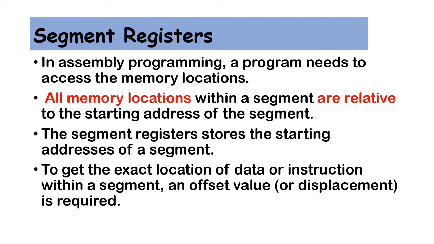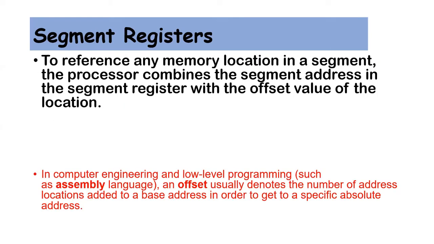To get the exact location of data or instruction within a segment, we use an offset value. To reference any memory location in a segment, the processor combines the segment address in the segment register with the offset value of the location.